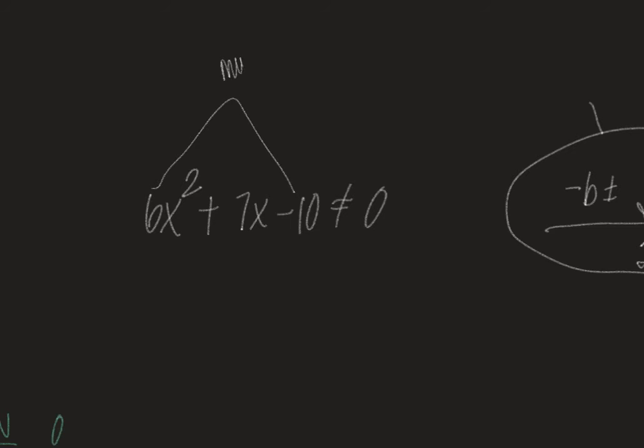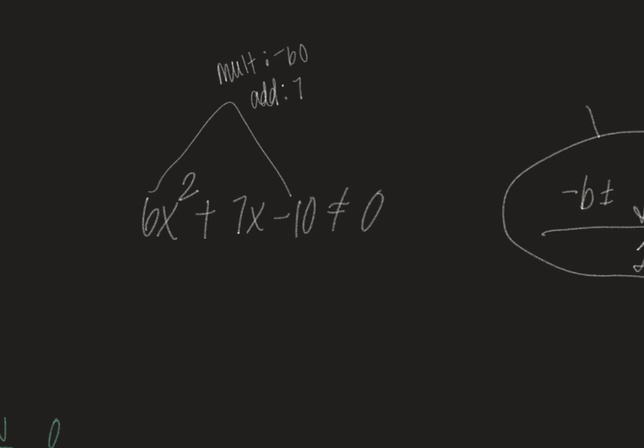I need to know what factors multiply to give me negative 60, and I got negative 60 by saying 6 times negative 10, but they have to add to give me 7, and I got that from the middle right there. Okay, so let's think about it.